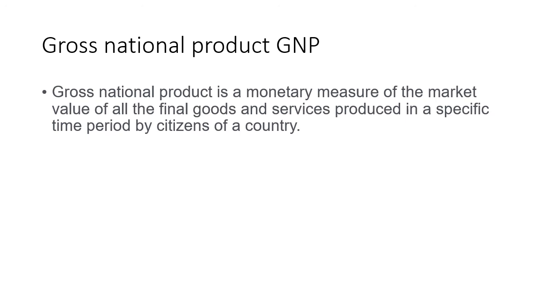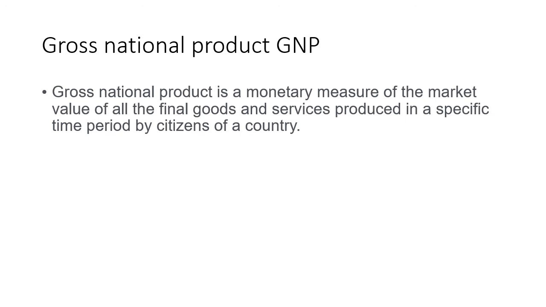The income of Zong will be included in the GDP of Pakistan, but not GNP of Pakistan. It will be included in the GNP of China, since it's the Chinese-owned company. And if a Pakistani owned company is earning something outside Pakistan, that will be included in the GNP of Pakistan, not GDP of Pakistan, because that company is not earning within the geographical boundaries of Pakistan.